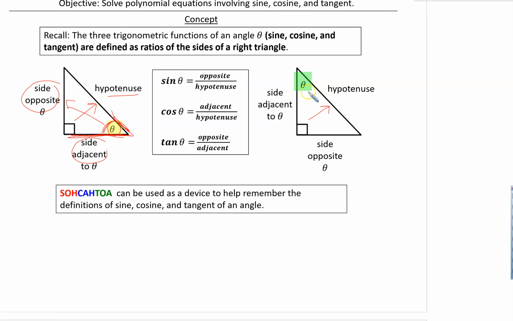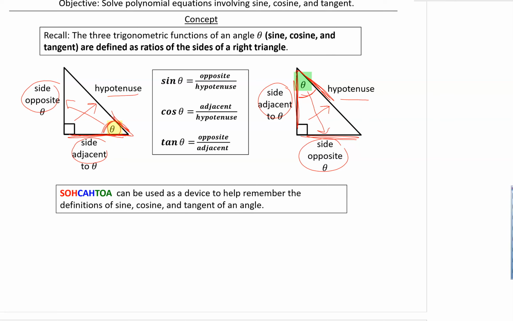Here, going across the triangle, this side is the side opposite, but in the previous one, it was the side adjacent. And now this is our side adjacent, because it is part of our angle and it's the side of the angle that's not the hypotenuse.